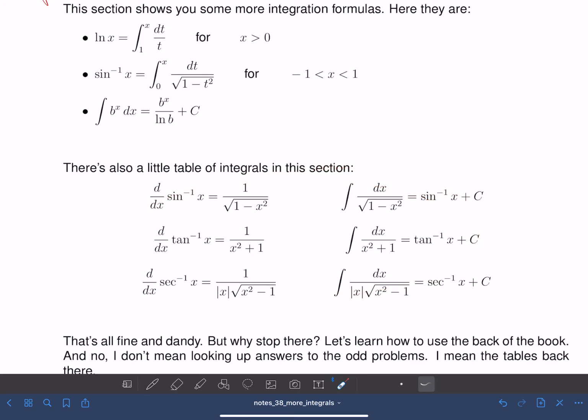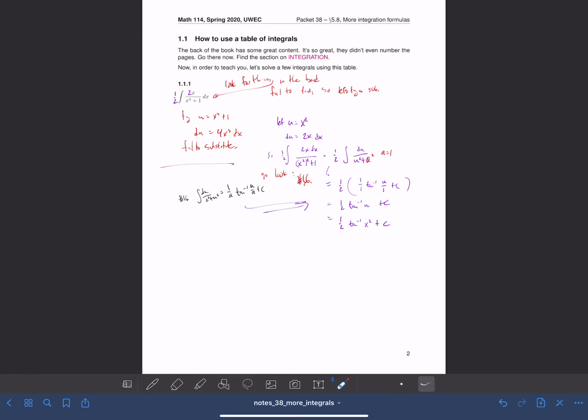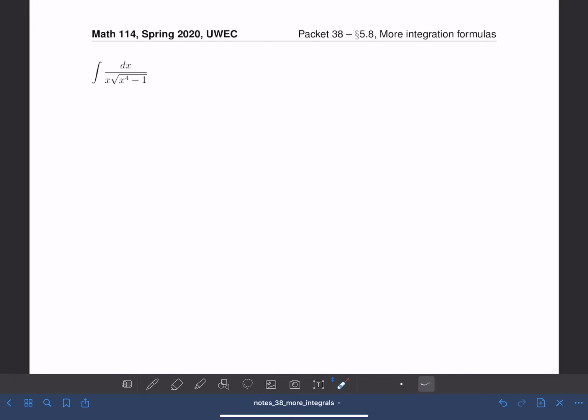And I think the technique really shines when you learn how to use this table of integrals. How many integrals are in this thing? 111, right? So you can live small in a corner, or you can learn how to use the table of integrals and know how to do 111 different types of integrals simply by looking at pieces of paper. Okay? All right, so let's do one more of these.